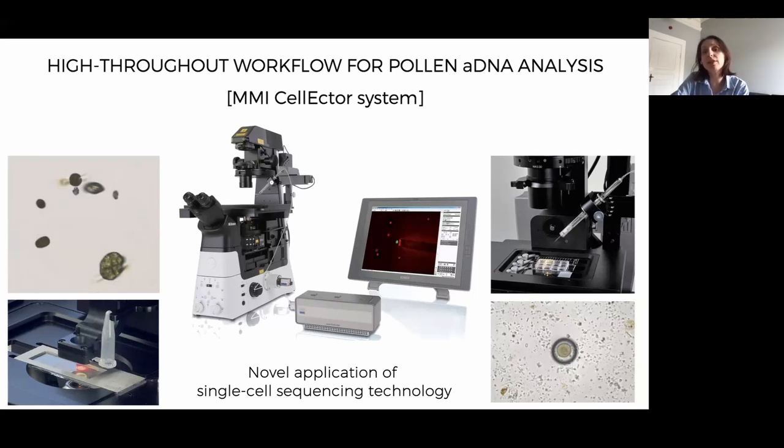The central feature of this workflow is a semi-automated microscopy-based single cell sorter instrument that is modular, meaning that you can add multiple modules onto it. The first of the two modules that we are using is the microcapillary module that you can see on the right. It consists of a syringe with a microcapillary, and the microcapillaries come in different sizes, ranging from 20 micrometer to 160, so you can cover many of the microfossils of interest in that range.